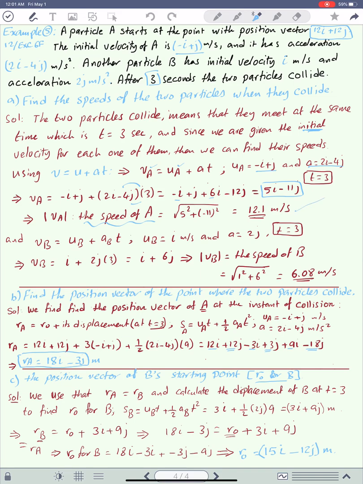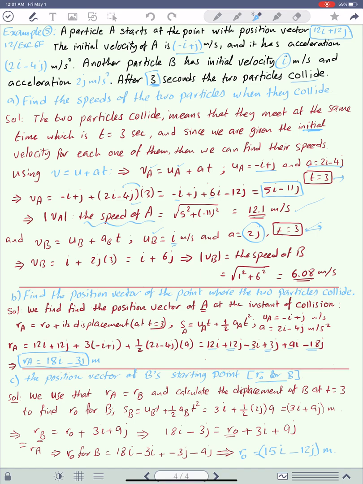We do the same. We are given U for B, which is I in the question. We are given A, the acceleration is 2J, and T is 3. This is the idea. How do you know T is 3? Because he said when they collide, and they do collide at T is 3, after 3 seconds.